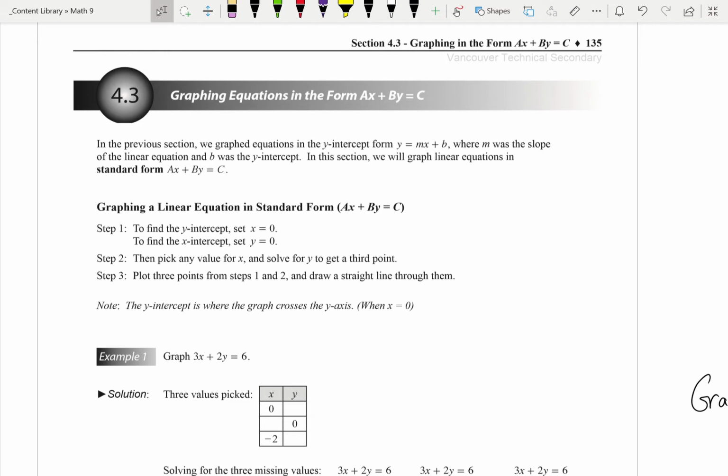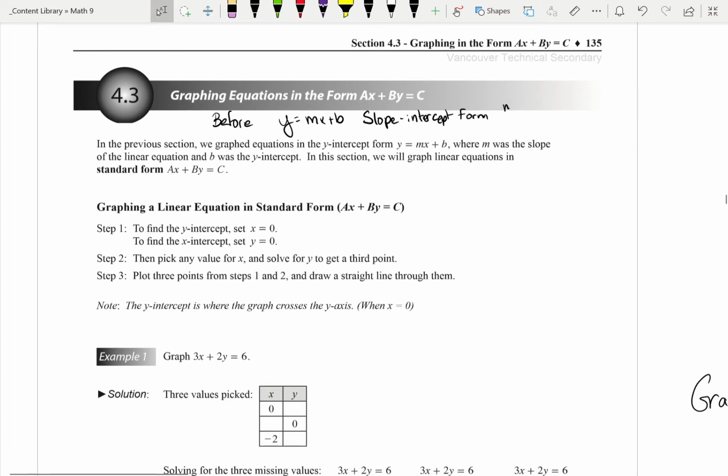So if you remember, the other day when I covered 4.2, I went over something called slope-intercept form. As a quick recap, we had y equals mx plus b, and we called this slope-intercept form. Why did we name it that?